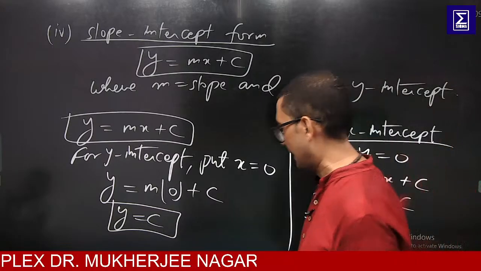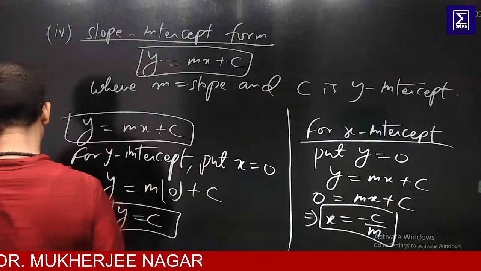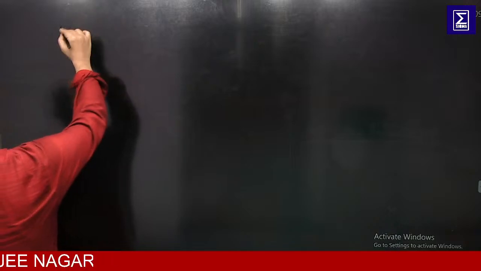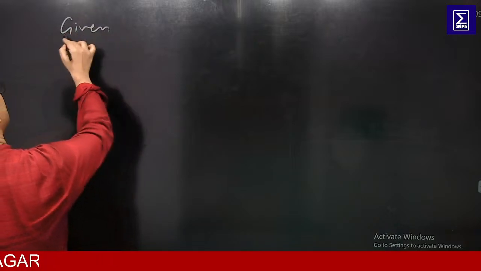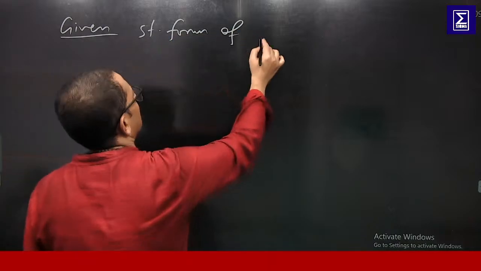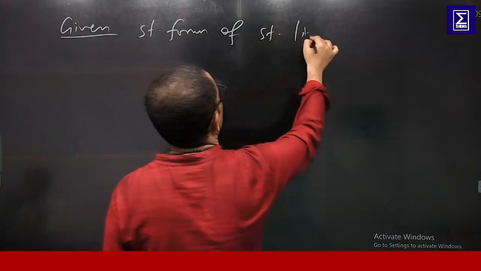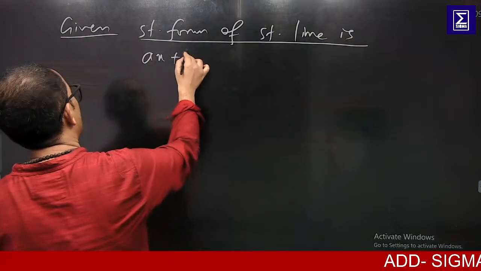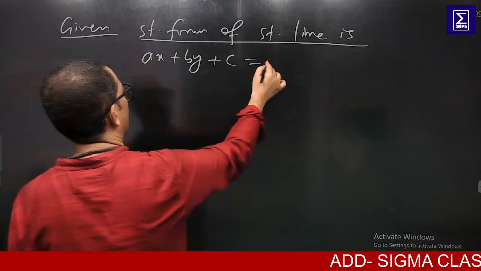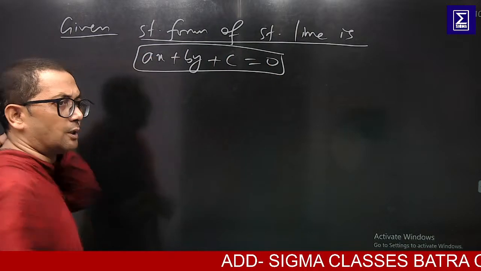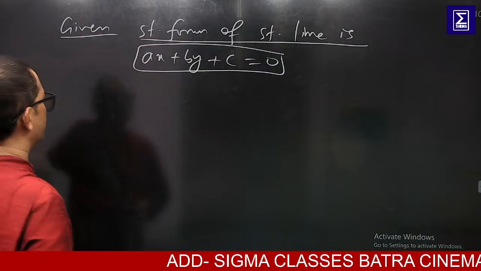Now, moving to the next slide. What we have given, the standard form of a straight line, is ax plus by plus c is equal to 0. We want to know here the x-intercept and y-intercept.